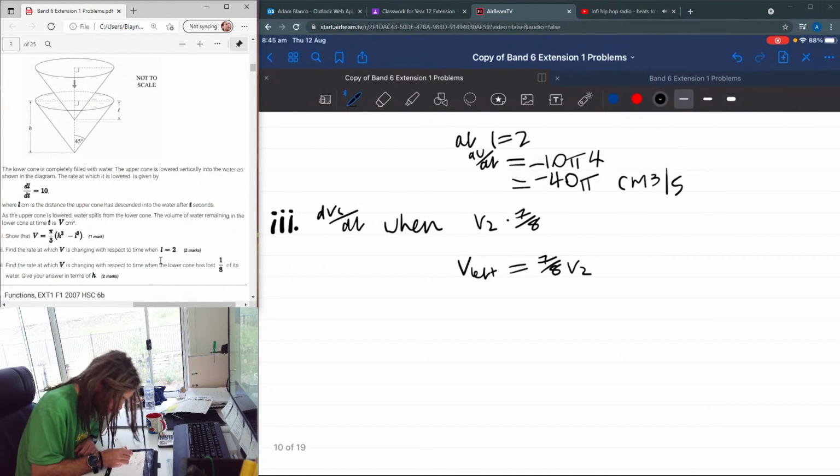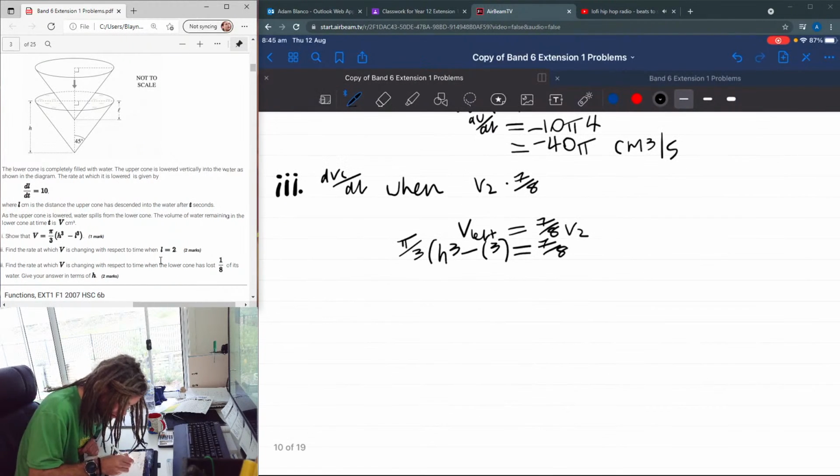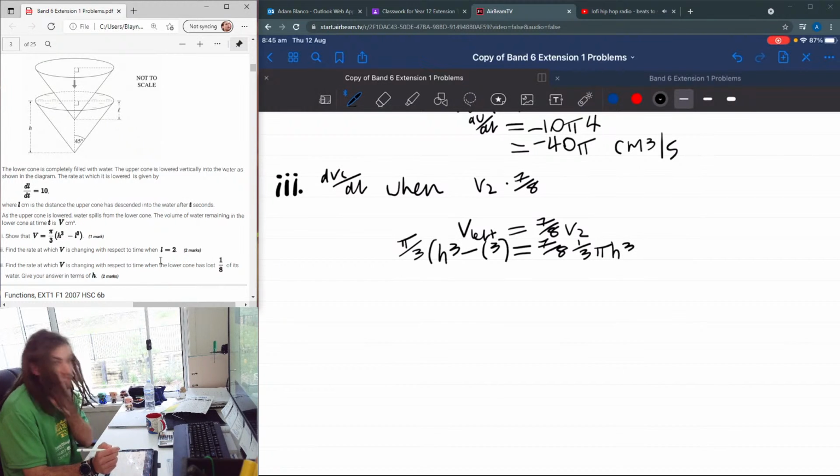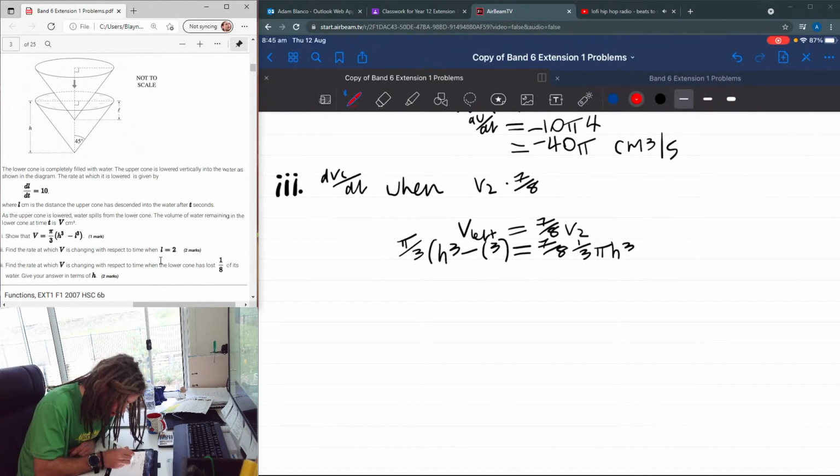Okay, so I just substitute that. That's pi on 3 h cubed minus l cubed. And V2 was what? 1/3 pi h cubed. You can see that I've got some h cubes that are going to cancel, you get it, okay, good. Okay, this is all going to cancel.